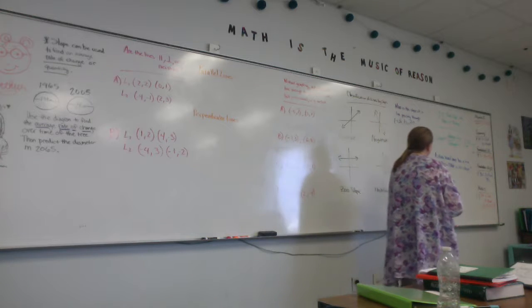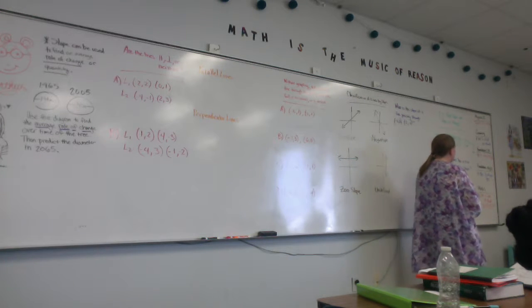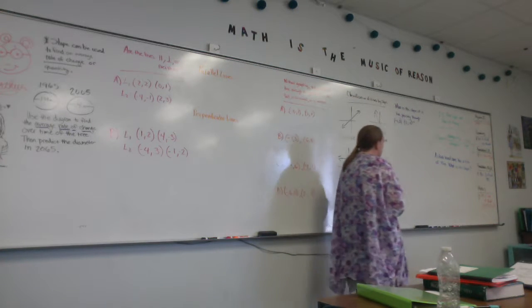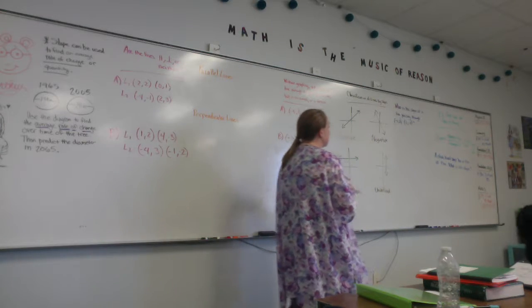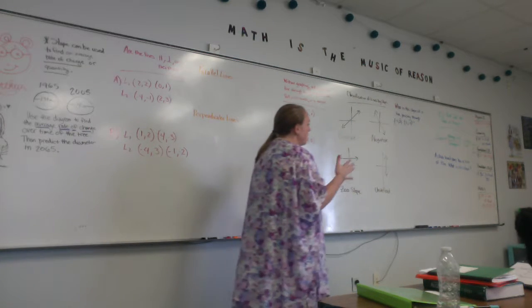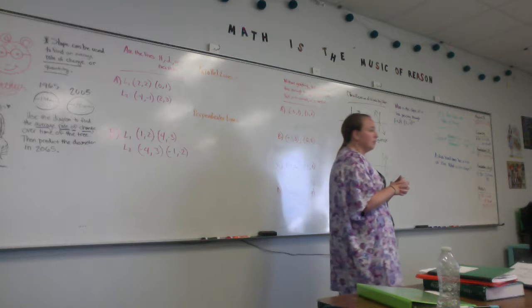So, just like a little warm-up question, I'm going to add more to it after we create an equation, okay? It says a skateboard ramp has a rise of 15 inches. What is its slope?